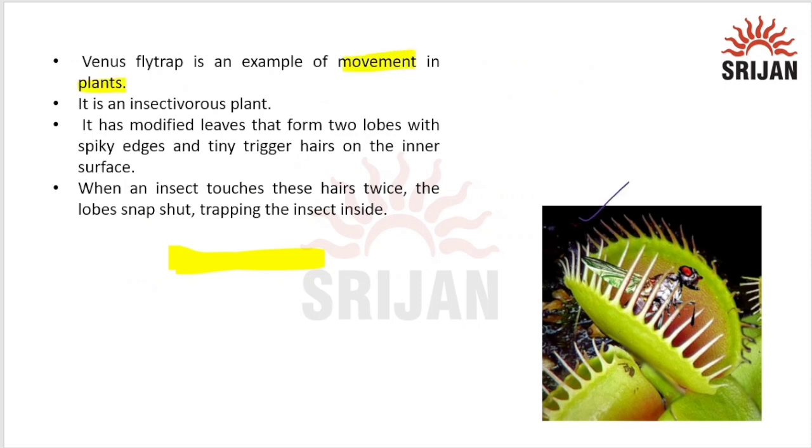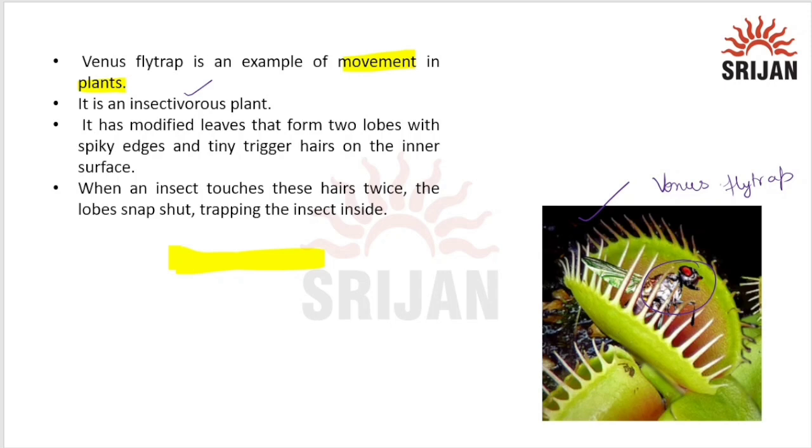The image shown here is the image of a Venus flytrap. As you can see, an insect is also there. It is an insectivorous plant, meaning the nutrition of Venus flytrap depends on external insects. It is not a photosynthetic plant and it is not autotrophic.